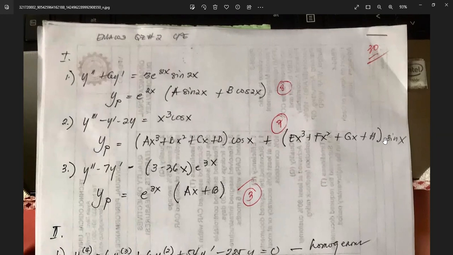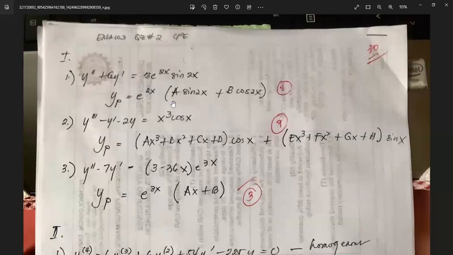For the sine, it should have its unique third degree polynomial form of coefficient multiplied to it. So you should not write ax cubed still in here. It should be ex cubed plus fx squared plus gx plus h. Okay? So you replace the a and the b in the standard cosine form of the particular solution by the form of the particular solution for this third degree polynomial.